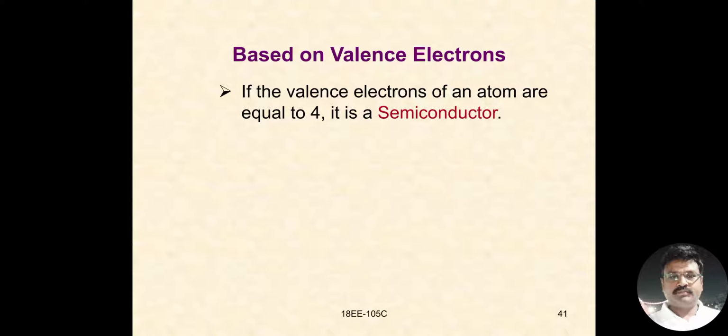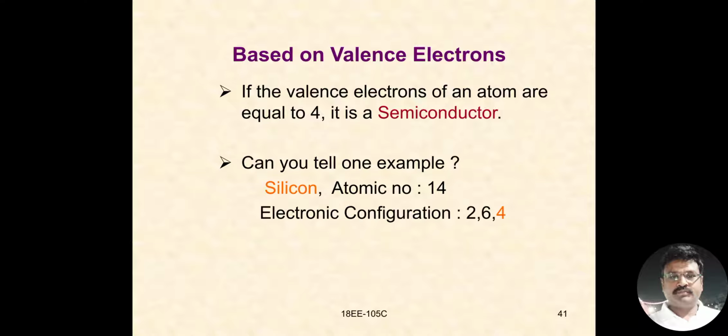If the valence electrons of an atom are equal to 4, it is a semiconductor. Example, silicon, atomic number is 14. Electronic configuration is 2, 8, 4.